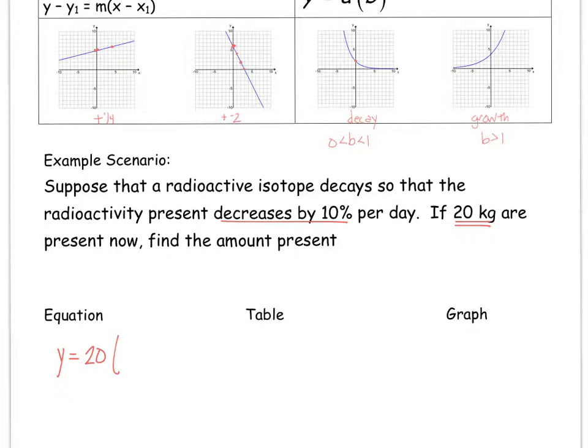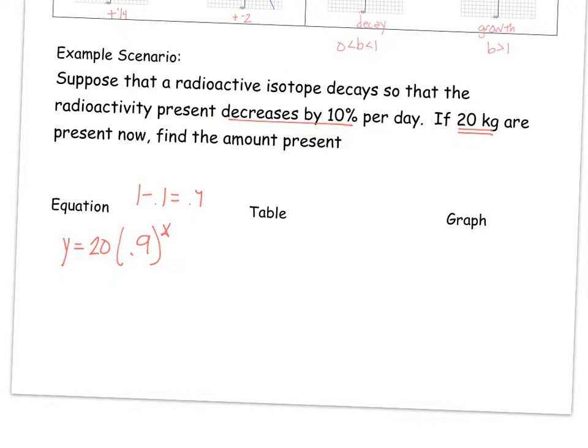If you decrease by 10%, that means you are multiplying by 1 minus 0.1, which is 0.9, to the x power. So let's say it's to the power of 0. Here's our x and our y. If we start at 0, anything to the 0 power is 1. So that means we just start with 20.